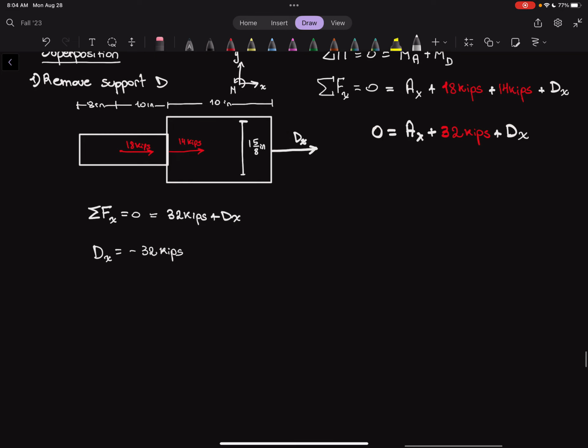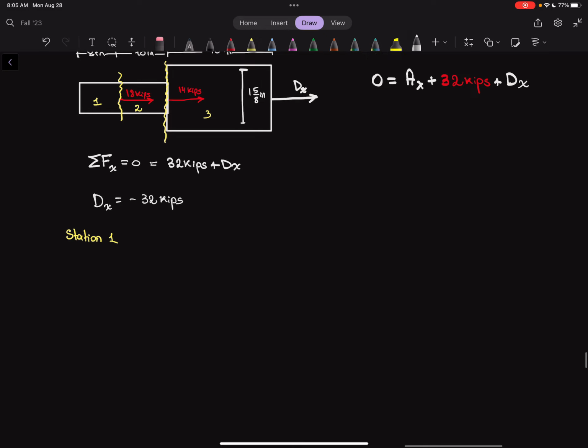Now let's do these cuts that I was talking about. Let's do a cut here, right before 18 kips, and then let's do a cut here at C, and then let's include the whole thing. So we'll say this is 1, this is 2, and this is 3. So if we start with station 1, and we draw the free body diagram, what are we going to have?